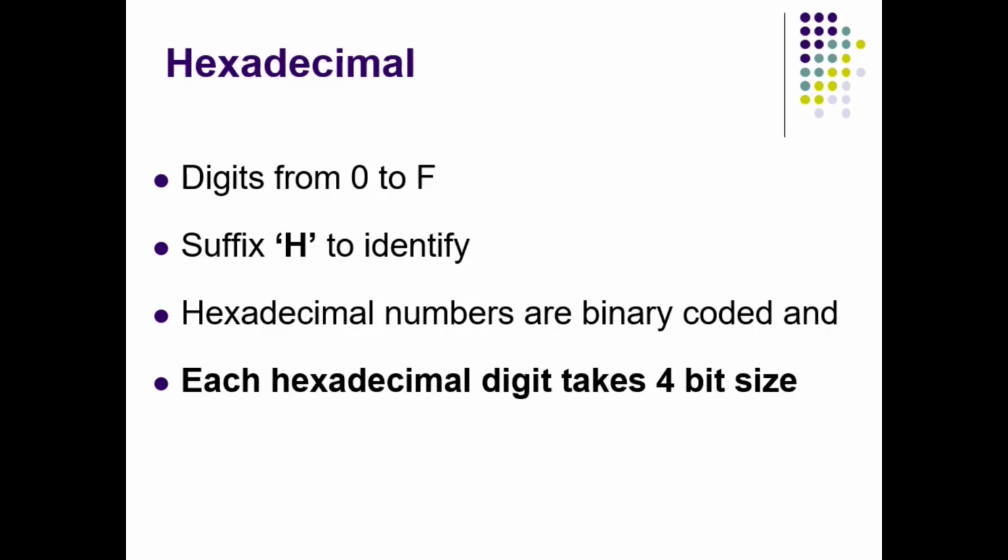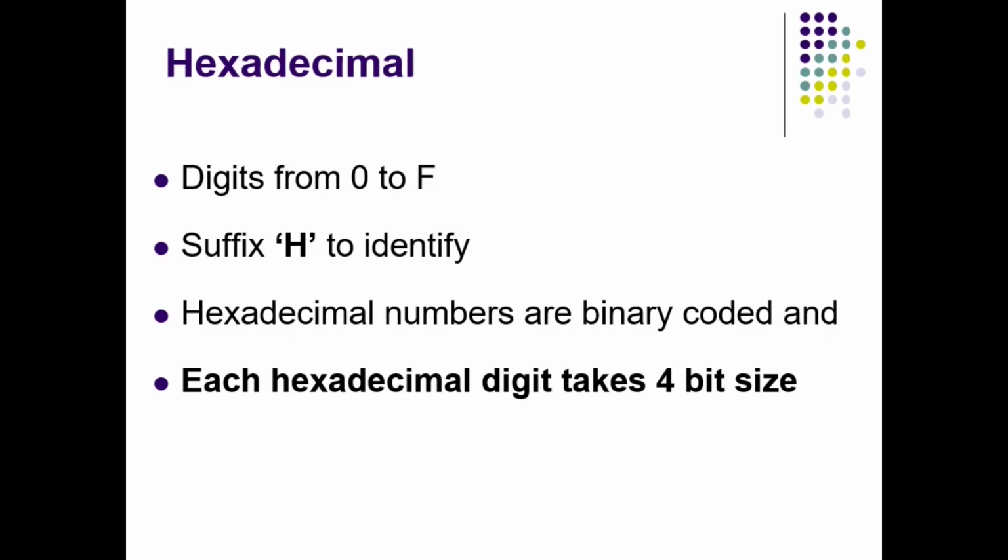Hexadecimal number system. This number system is completely different from binary or any other number system. The hexadecimal number system has 16 different digits, 0 to 9 and A to F. Every hexadecimal number you write must have a suffix H at the end of the number, on the right side, so that we can identify it as a hexadecimal number.